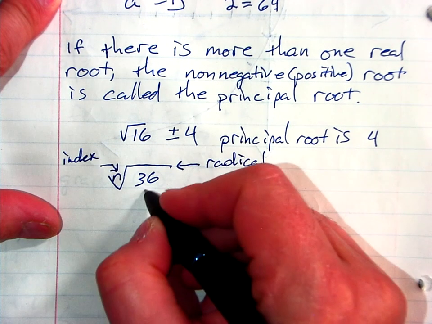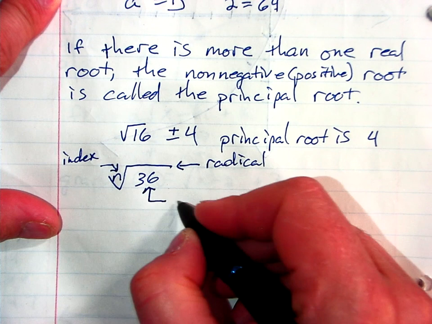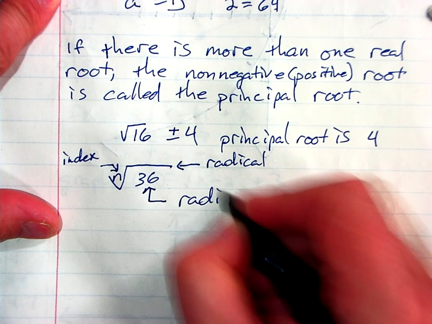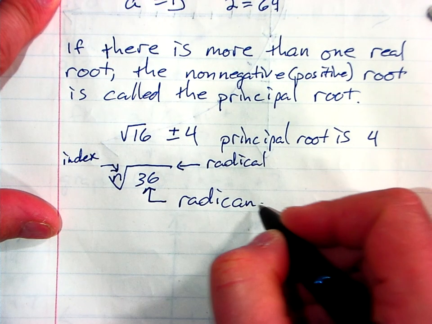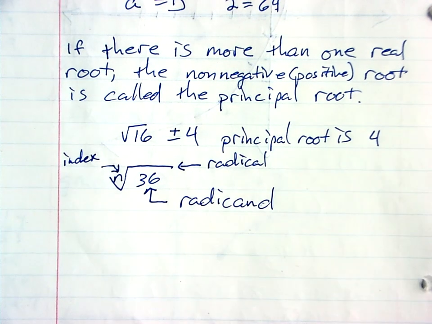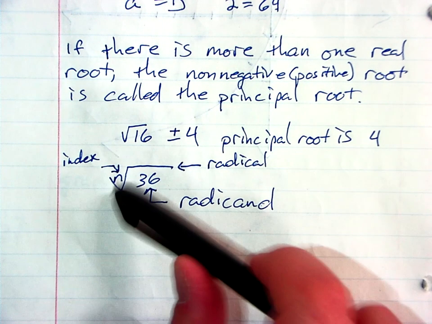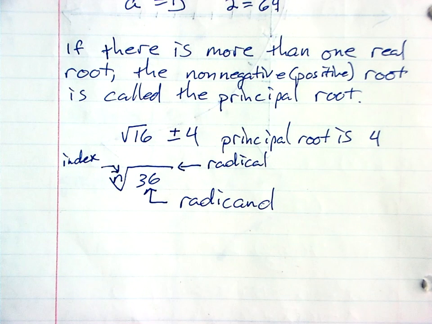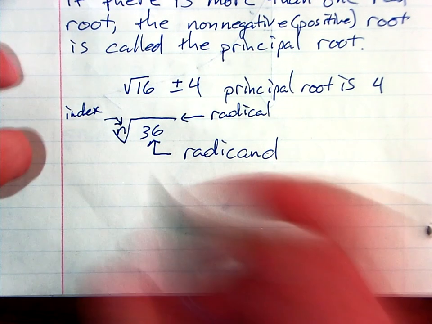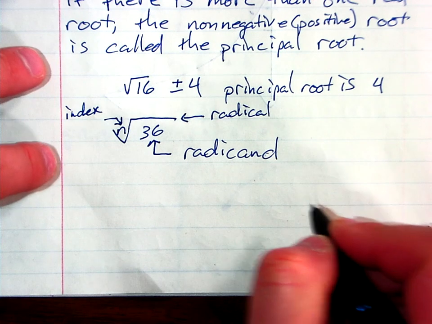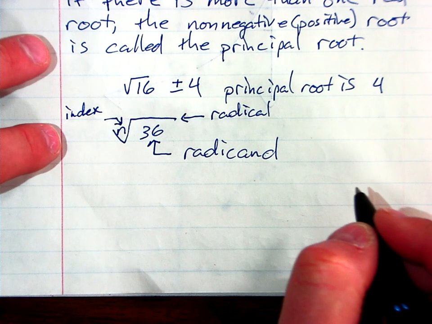Do you know what the actual number is called? Radicand. So we have an index, a radical, and a radicand.